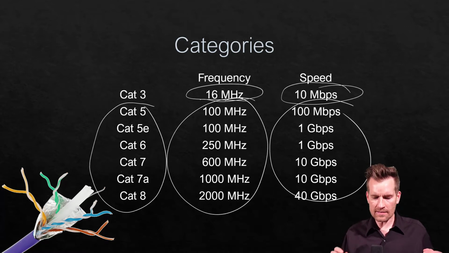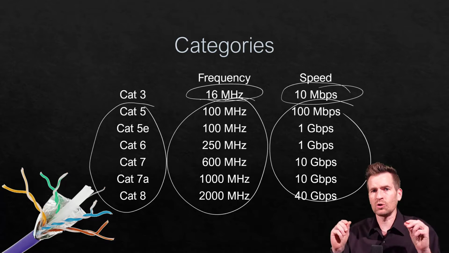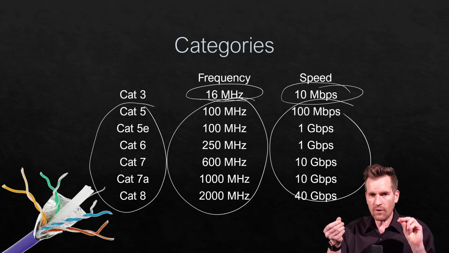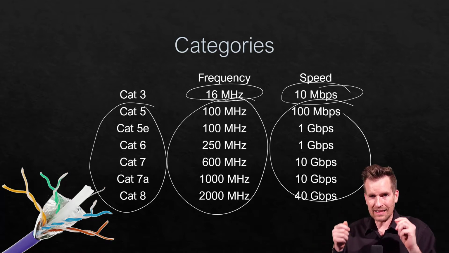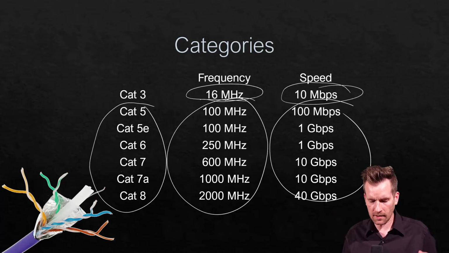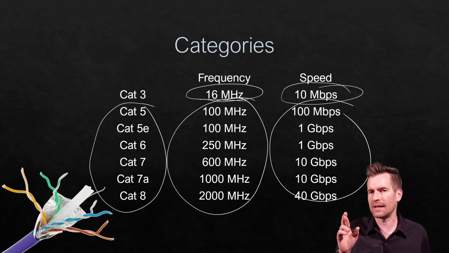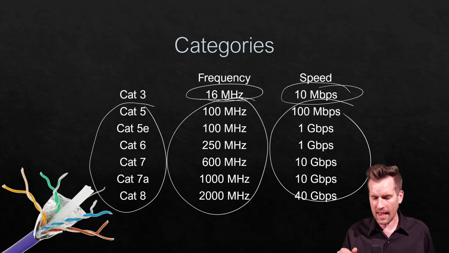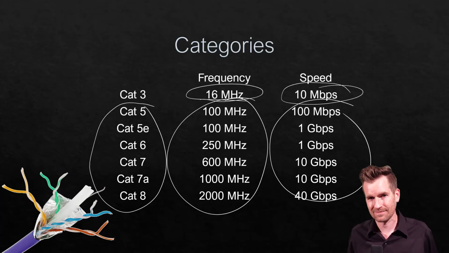What we found is in the Cat 3, we've just loosely twisted the cables, and we found that there was a lot more crosstalk, and the more we twisted a pair, the less crosstalk there was. So Cat 5 has a lot more twist to it, and so on and so forth. Although there are other differences between these cables, the biggest one is how many twists per inch we have with these cables.